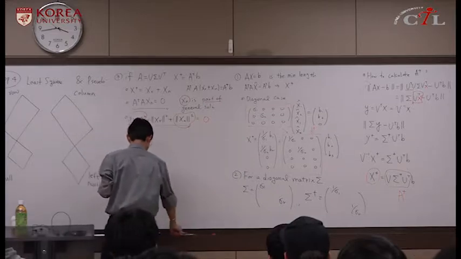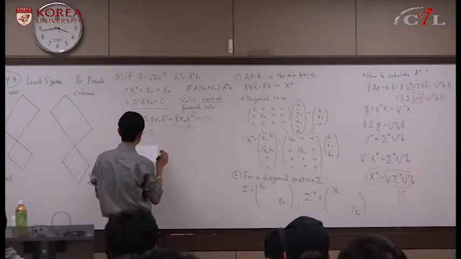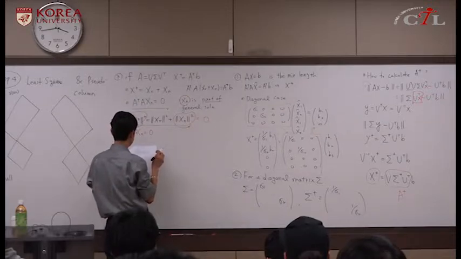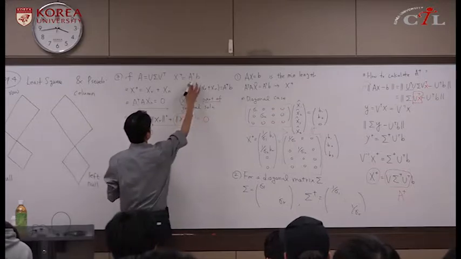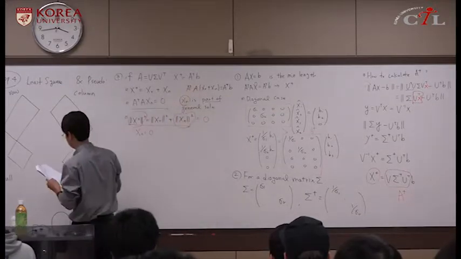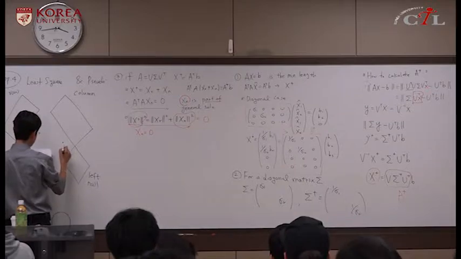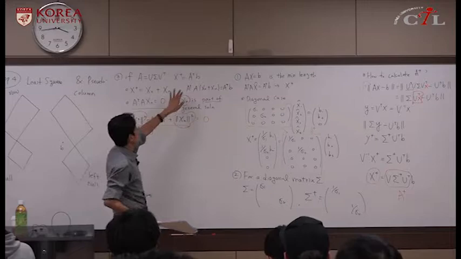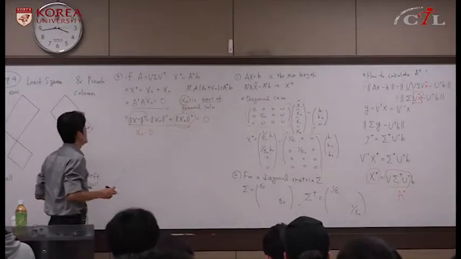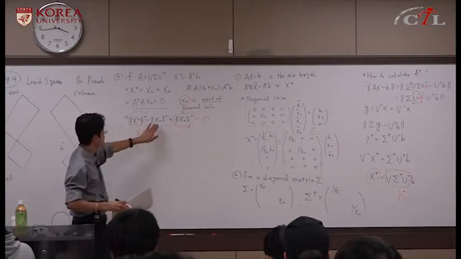So I may write A pseudo B goes to X. If here's B, then A pseudo B is X pseudo, but that X pseudo is not a combination.